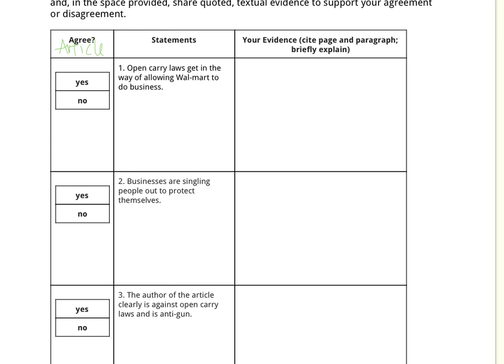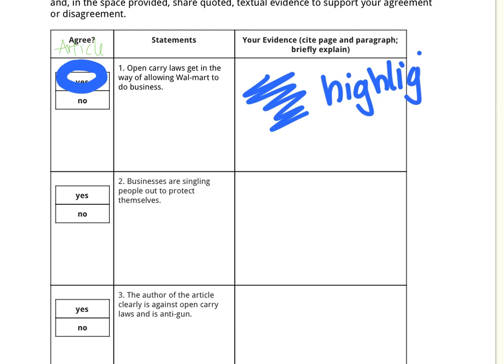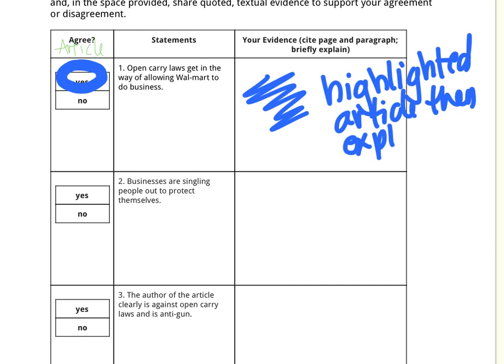I would be okay with you going, and if you circled a yes here, I don't know if that's right or not. I'm not going to say if it's right or not. But if you circled yes, and then you took a highlighter and highlighted what you found in the article, then explained in the box, I think that would be appropriate.